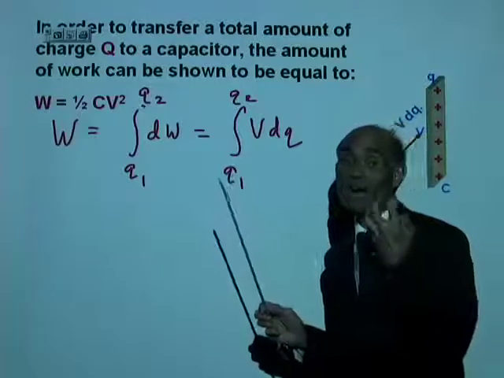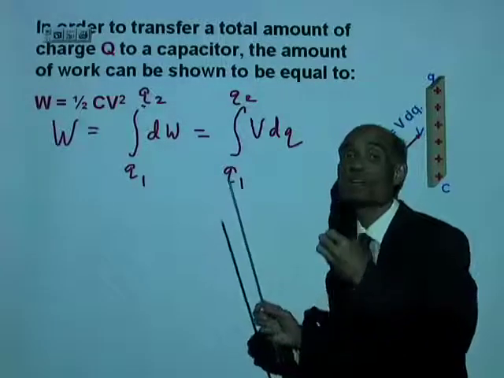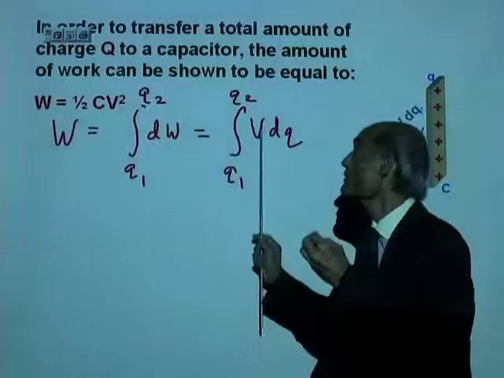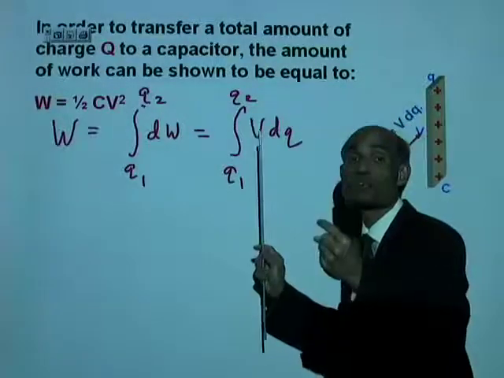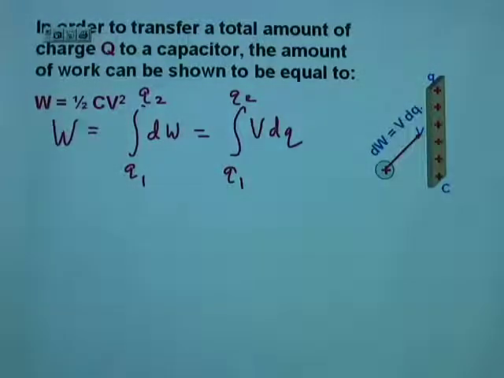Well, you know capacitance C equal to Q over V. Therefore, V can be written as Q over C. So that will be integral Q1 to Q2.